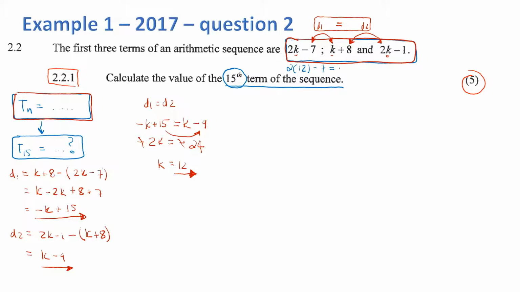Yes, it is indeed 17. Next one is 12 plus 8, that's 20. The next one is 2k, so that's 24 minus 1, which is 23.